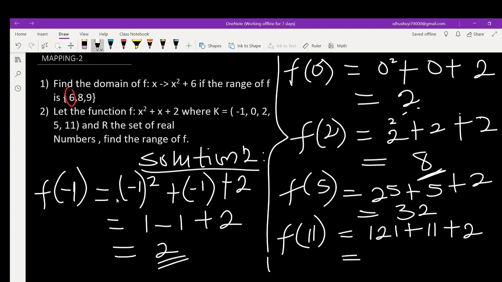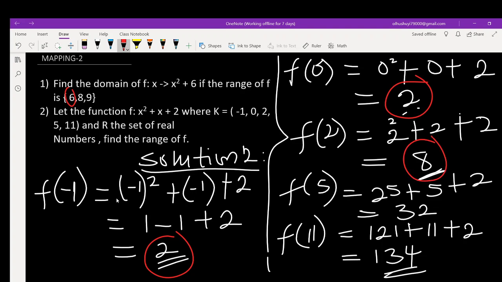So you have 134. So our values, the ranges that we have, the first one, the second, third, and we have the fourth. So here are our range. You can see them.